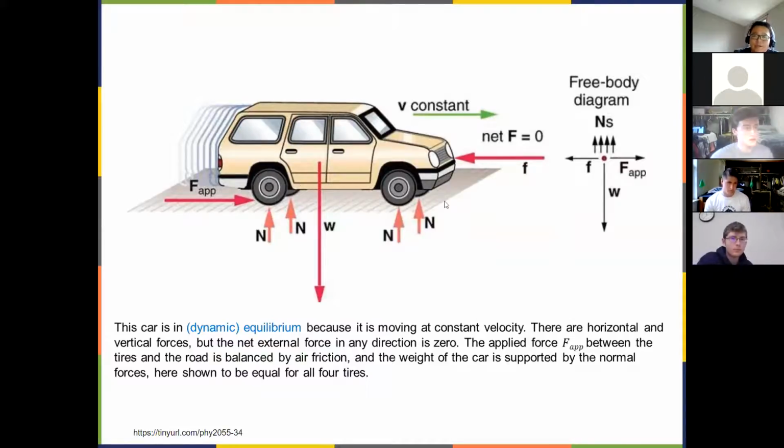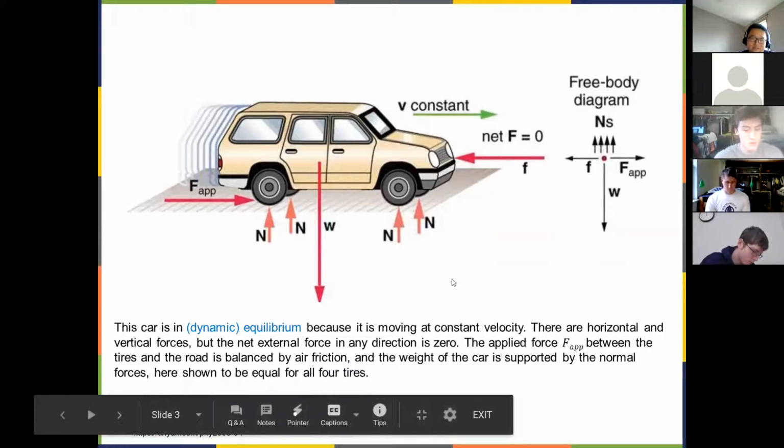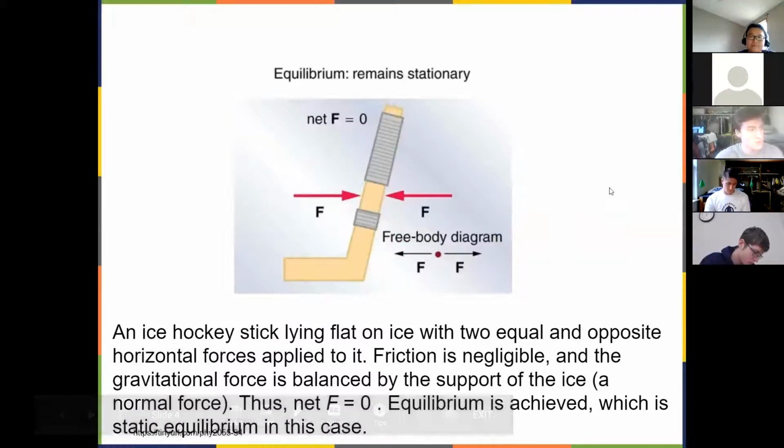Those two cancel out. The weight in the vertical direction balances out the normal force applied to the tires, so those cancel out. But because it's moving, it's in dynamic equilibrium.